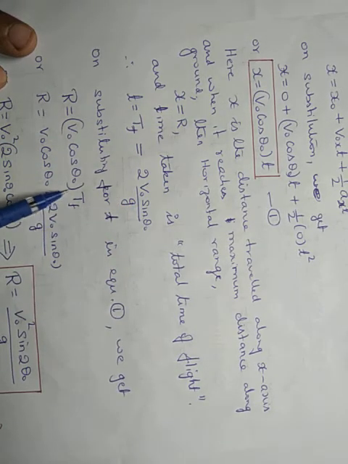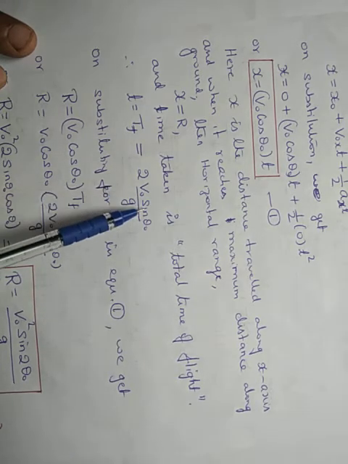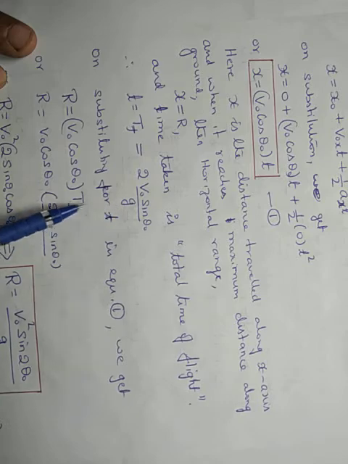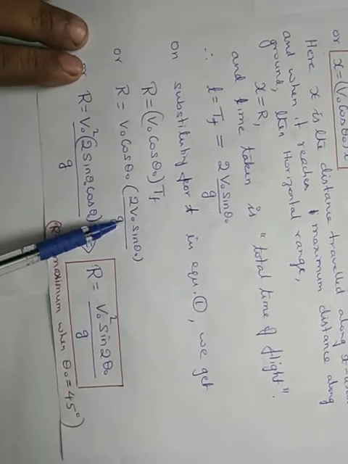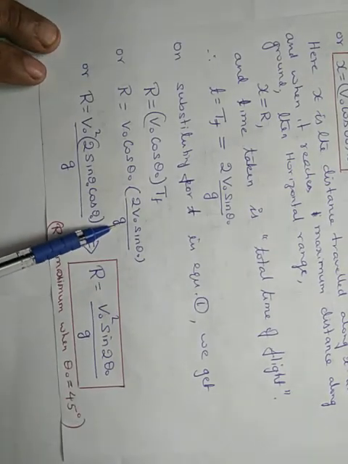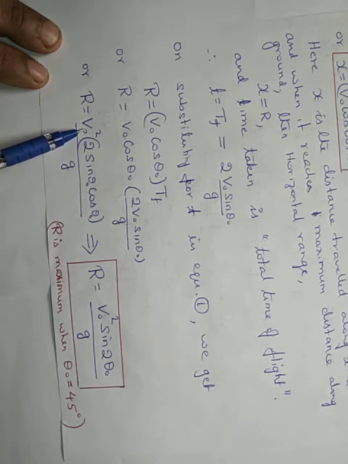But what is Tf? Total time of flight. We already know it is 2 V naught sin theta naught by g. Substitute here: V naught cos theta naught into 2 V naught sin theta naught by g. V naught into V naught, you will get V naught square.